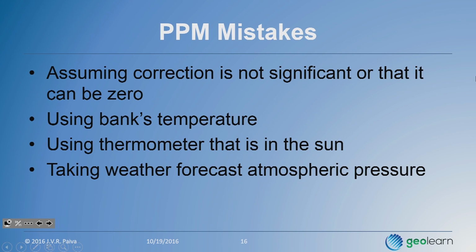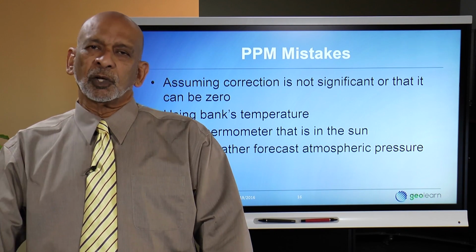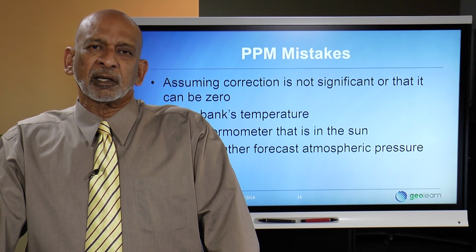Now, some of the ppm mistakes that occur with most surveyors is that they tend to assume that the correction is not significant or that it can be zero. It isn't that common that it's actually zero, which means that you need to understand how much ppm correction you're ignoring before you can understand that it's not significant.